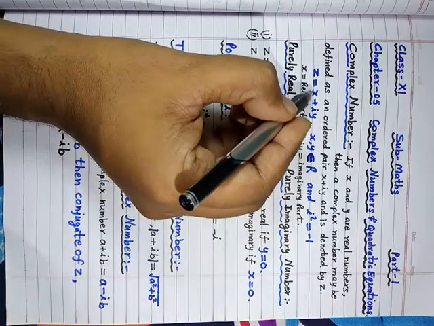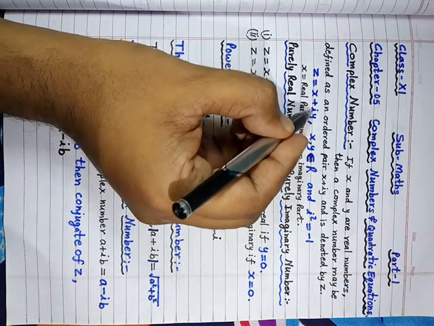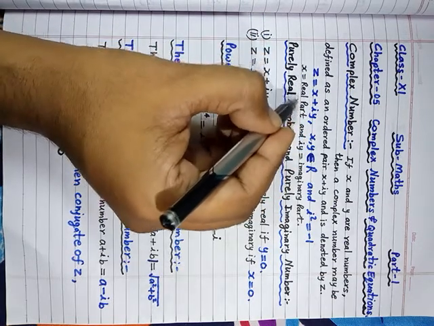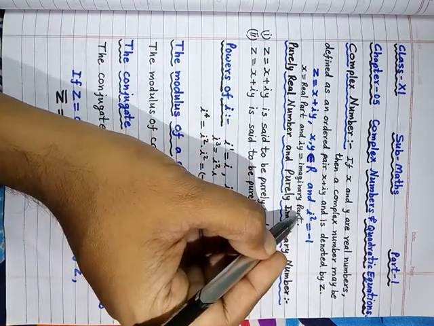In this complex number z is equal to x plus iy, x is the real part and iy is the imaginary part.